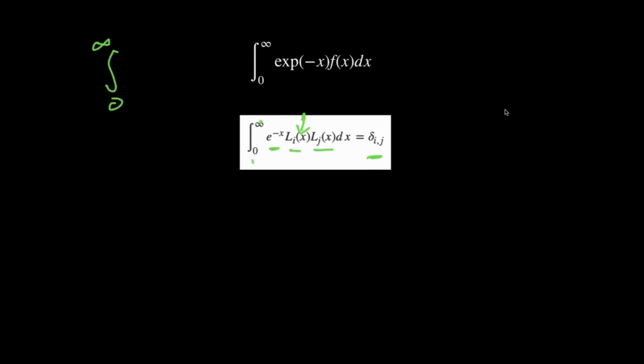So here a is 0 and b is infinity, and the weight function is e to the power minus x. Okay, and so we have e to the power minus x f(x). Now basically what we have control over is this f(x). I can put in polynomials. I mean, typically it will be some polynomial.